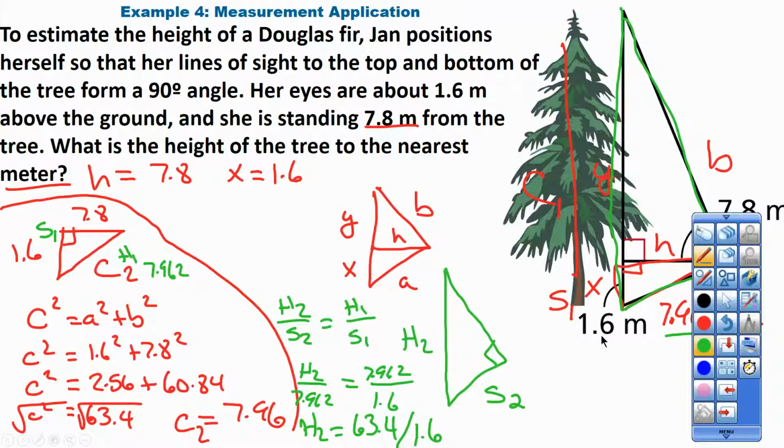And we go ahead and work that out. 63.4 divided by 1.6 gives us c1 is equal to 39.62 meters, and we round that to the nearest meter. So c1 is equal to 40 meters. That's what they're looking for.